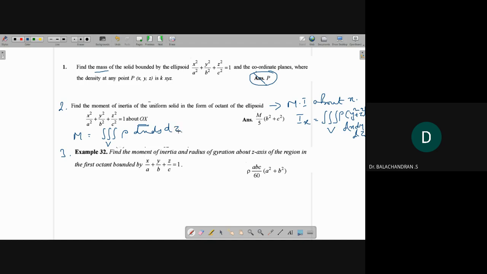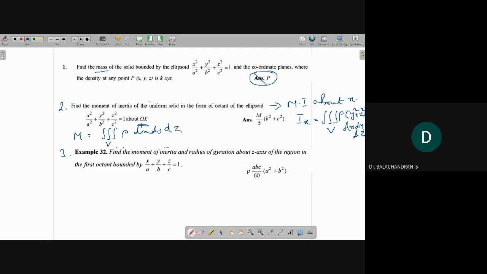I think just now only we got the answer. Is it correct for this part? Yes or no, Paul? Whether we got the answer for the same problem? Yes, sir, same. But there, the density is Kxyz. Here, you should just keep rho.